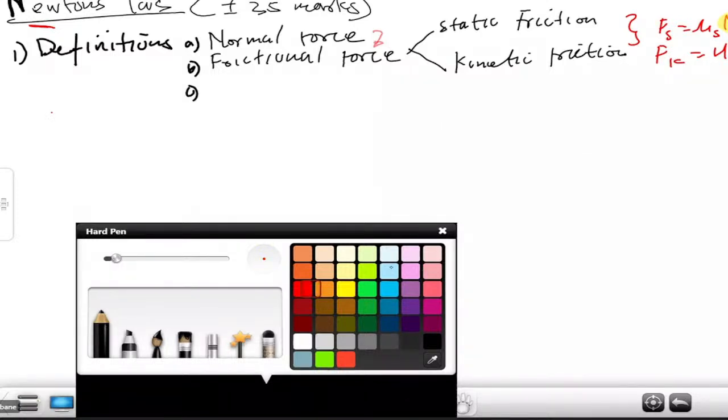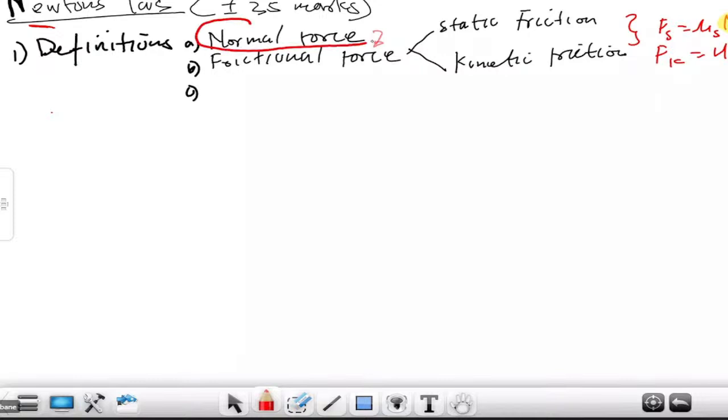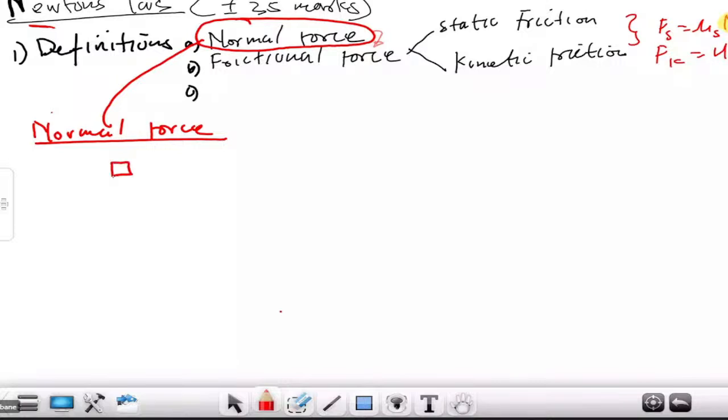But I must also say, under the normal force, let me take this normal force and bring it down here. For me to explain this normal force in detail, there are situations where we have an object on a frictional surface and a force applied in this particular direction.